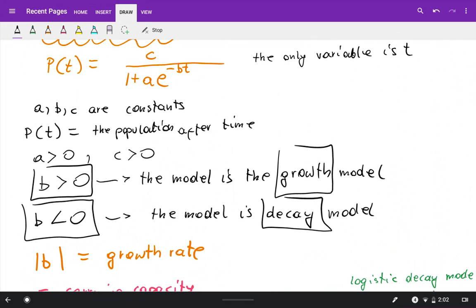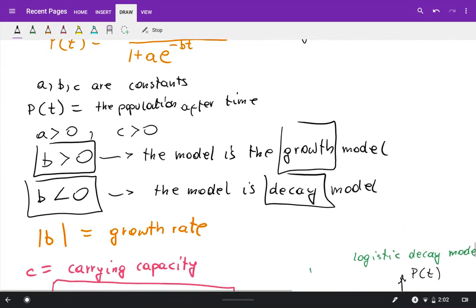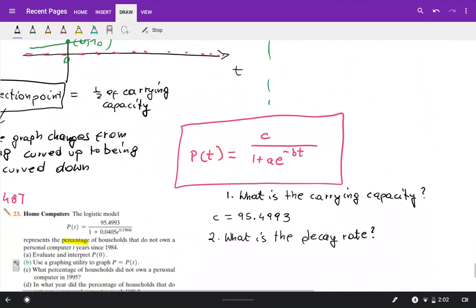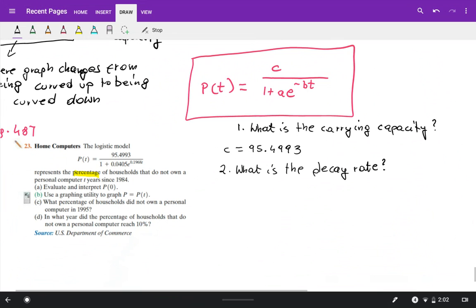It's always the constant in front of T. So you have to find the decay rate, the constant in front of T. So B equals 0.1968, and it has to be negative.